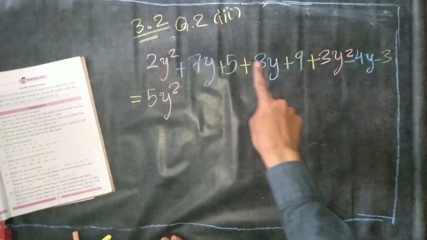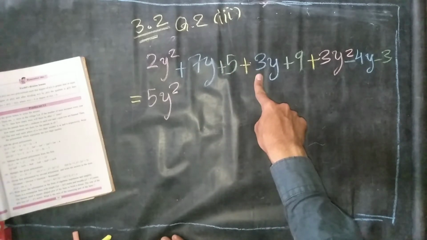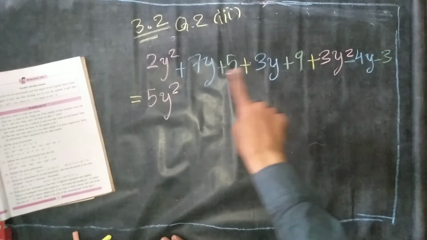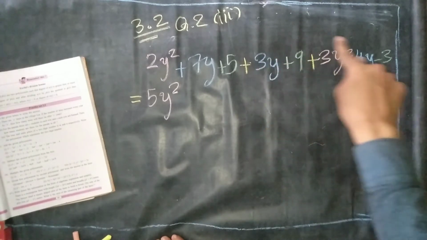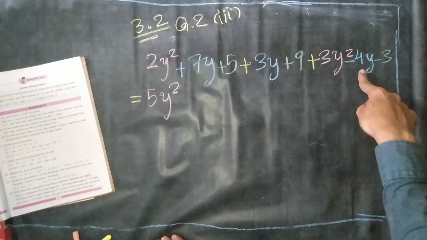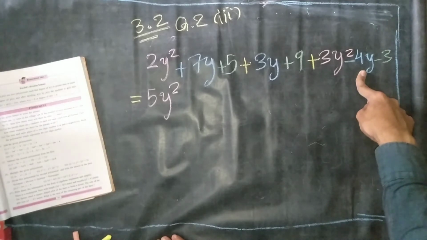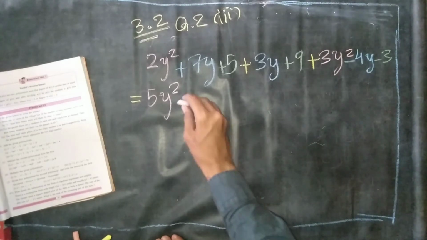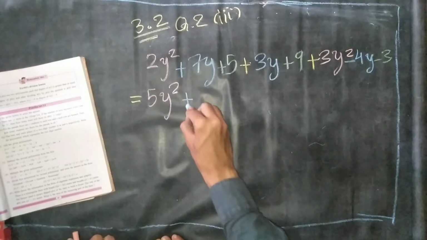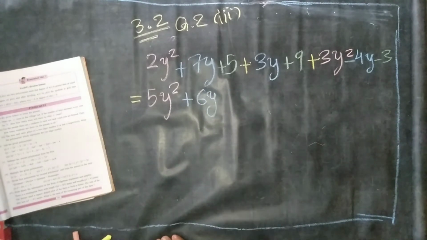Plus 7 plus 3. How many y's are there till now? 7 plus 3 is 10. There are 10y till now, right? And from that 10y, you are supposed to subtract this 4y also. So how many are there? From 10, if you subtract 4, you are left with 6. It is plus 6y.